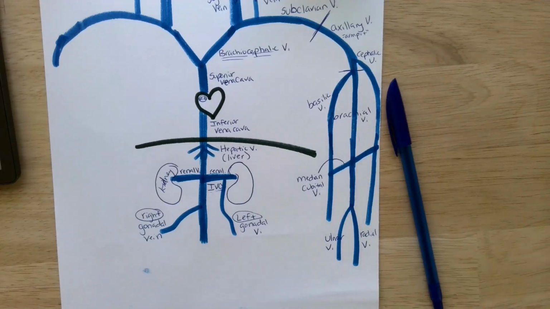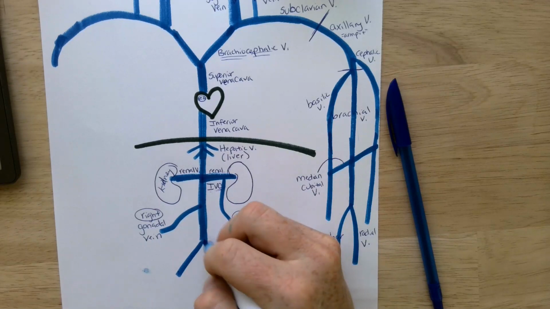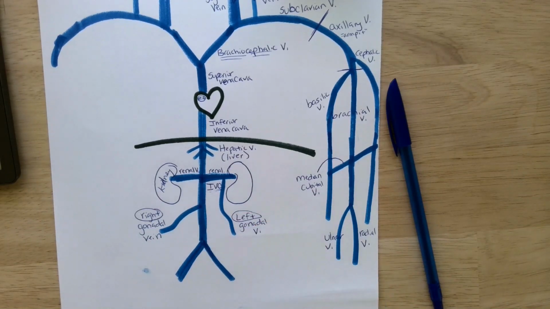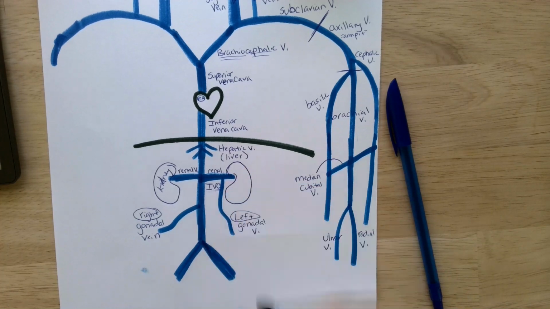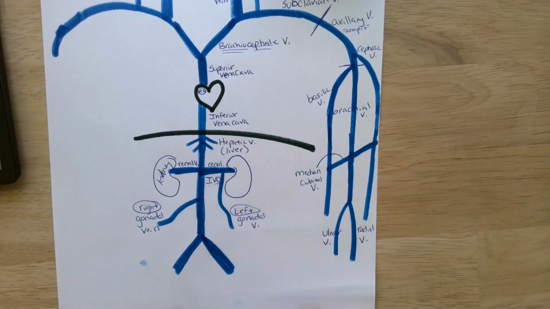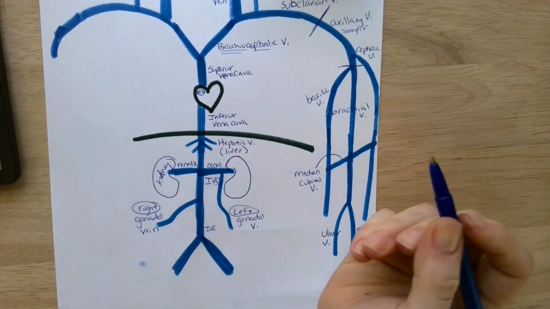Okay, from there, the inferior vena cava is going to split. Please note that the shape of the split is the same shape as we saw with the arteries already, so they're going to kind of follow each other. So again, here is the inferior vena cava, still hasn't changed.